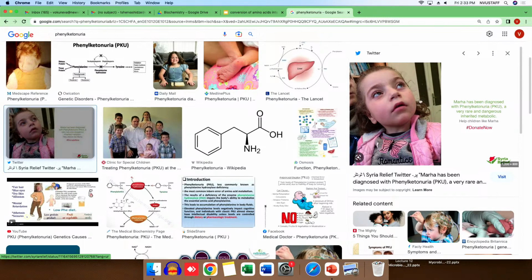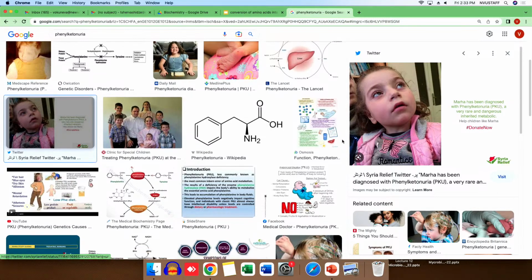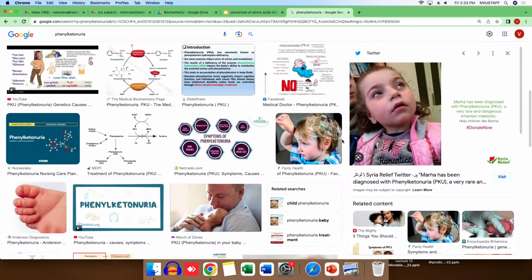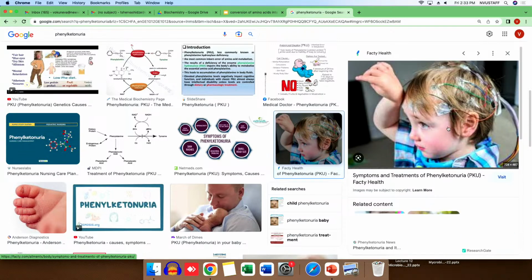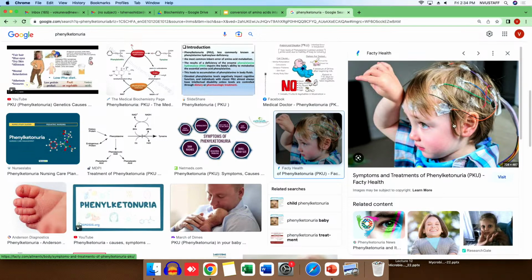By the way, it's probably not a severe case, but a mild one, because her color is also not that white, and her mental retardation probably is not very profound. This baby also has phenylketonuria, but probably the baby was treated early in life.